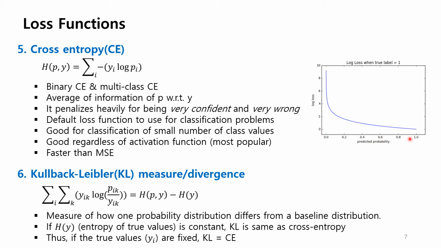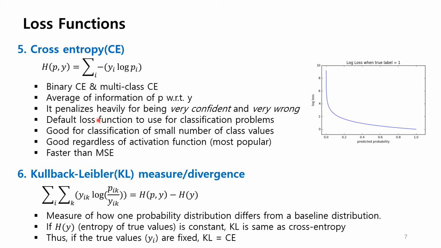But if the prediction is very low, like 0, and the true value is 1, this is very wrong, right? And then its error actually skyrockets. It has a very high value of loss, okay? That's the characteristic of cross entropy. It gives a lot of penalty when the prediction is very wrong.